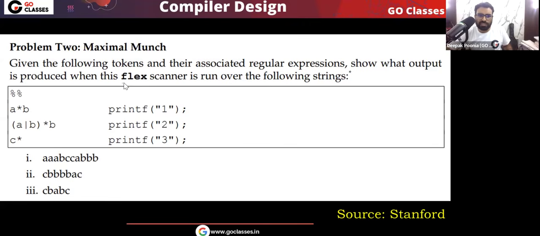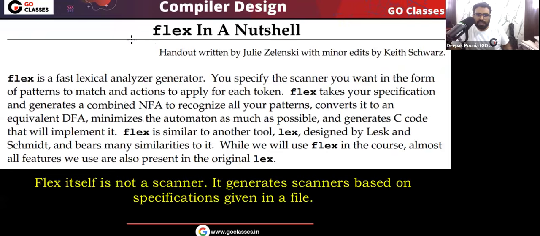Now let me explain what this flex is, because you will see this word many times in standard university questions. You will not see this word in the GATE exam, and it is not required for it, but it will come in front of you whenever you are solving many standard university questions. Flex is a fast lexical analyzer generator.